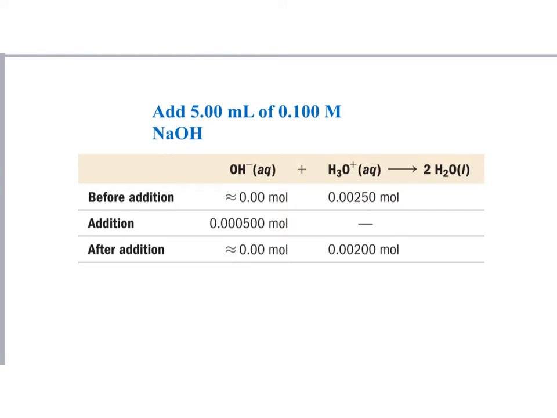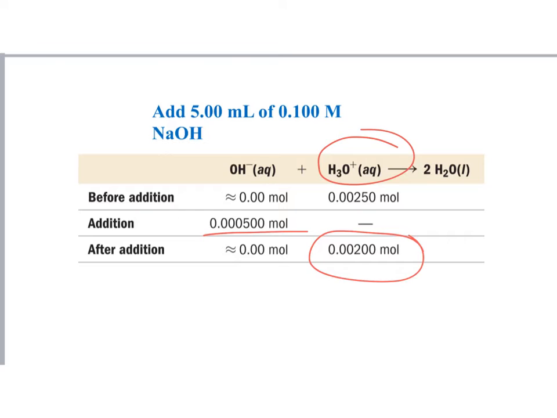If we started off with this 0.025 moles of H3O plus and we added 0.0005 moles of NaOH, we would end up with 0.00200 moles of H3O plus, right?